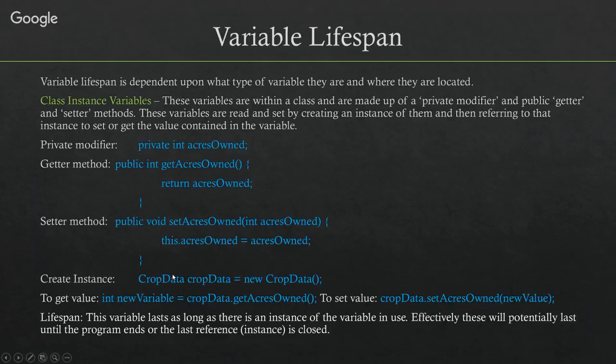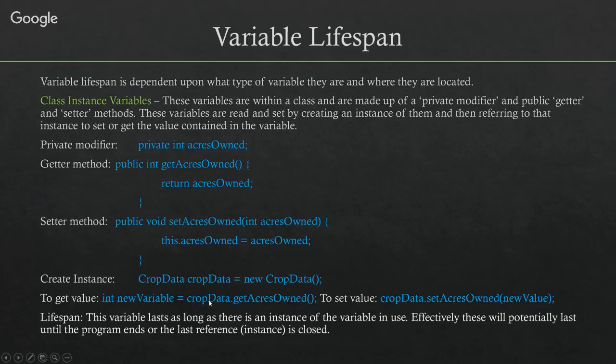We can create an instance of a variable by saying, for instance, all of this is contained in crop data. So we say the crop data class, and we're putting a variable here, crop data, with a lower c so that they can be distinguished, is equal to a new instance of the crop data class. So to get a value, this is our new variable. It's going to be an integer.